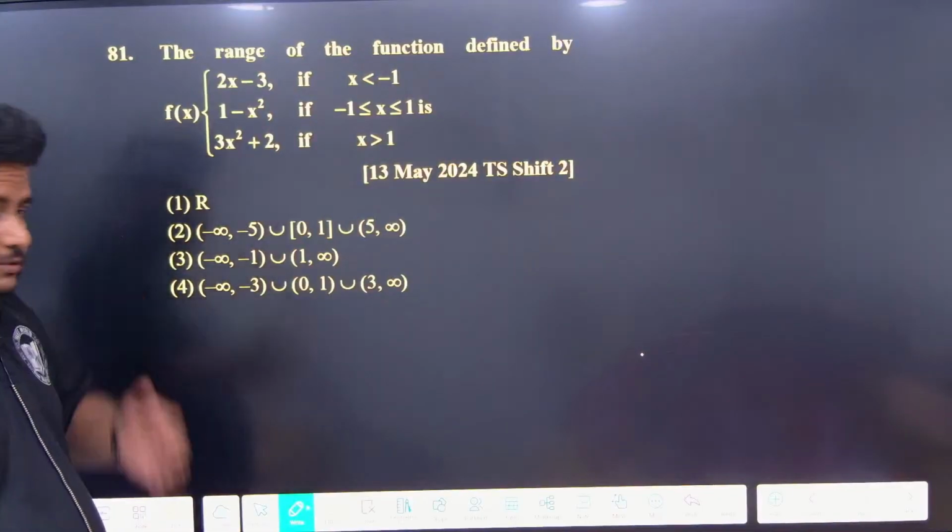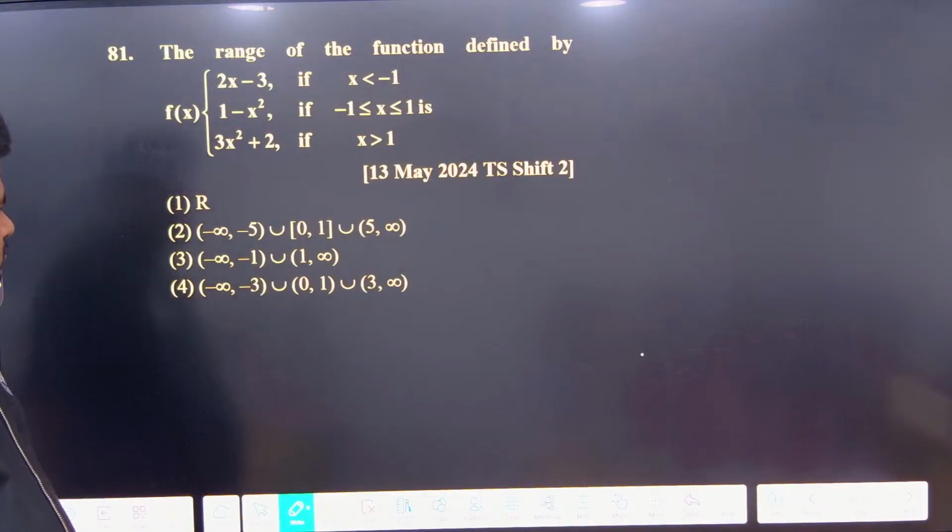This question, let us try to apply our logic. Think.